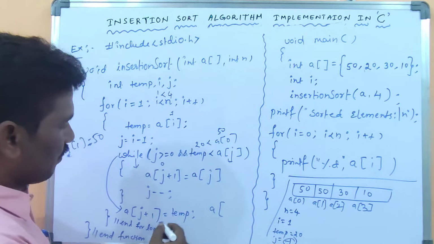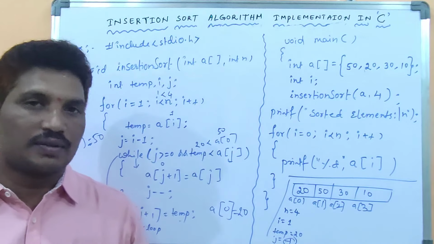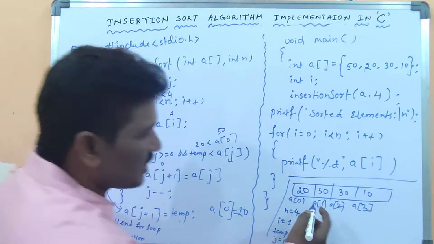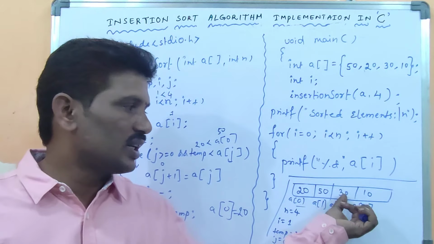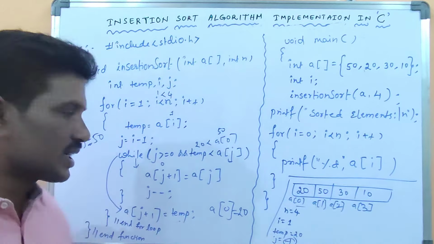A of 0 equal to temp. What is the temp value? 20. A of 0 equals 20, because 20 will be placed here. Okay. The first step: this is the sorted order, this is the unsorted order. You have to take the 30, then check where 30 should be inserted.